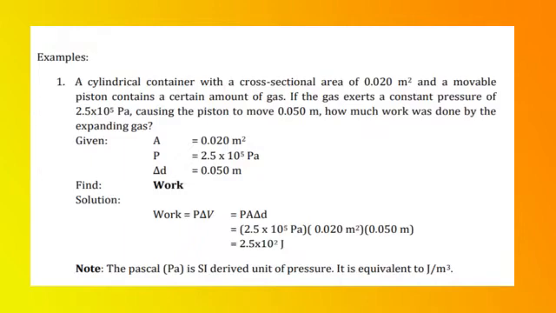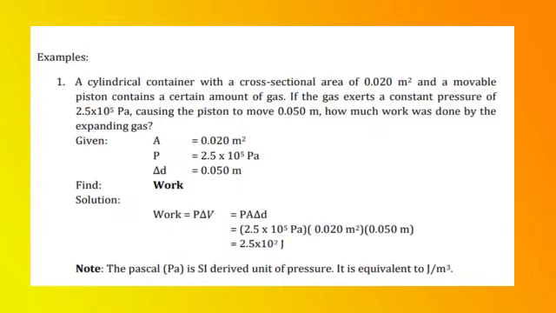From the problem, we have the following given. The area is 0.020 meters squared. The pressure is equal to 2.5 times 10 raised to 5 Pascal, and the change in distance is 0.050 meters. So we are asked to find the work.